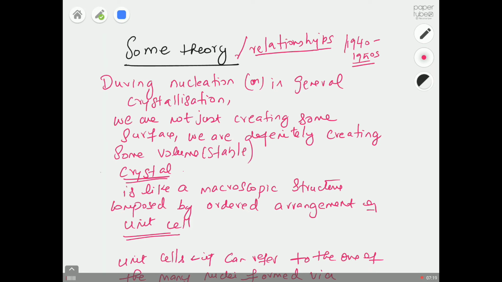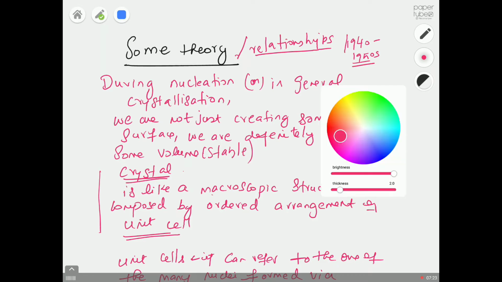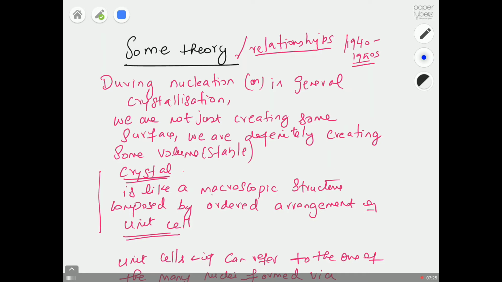This one I already talked about a few times. A crystal is a macroscopic structure composed of an ordered arrangement of unit cells. And whenever I say unit cell, it can refer to one of the many nuclei formed via crystallization.